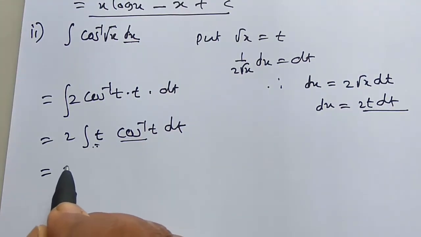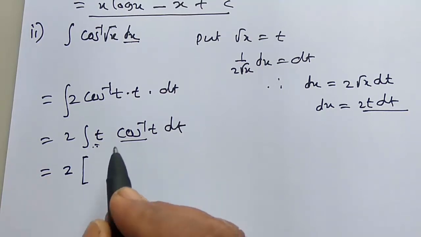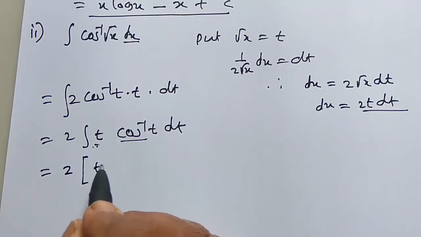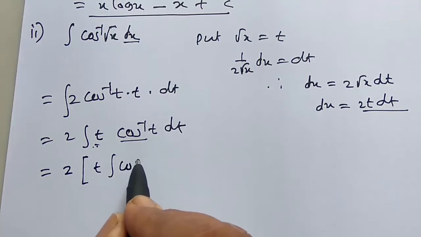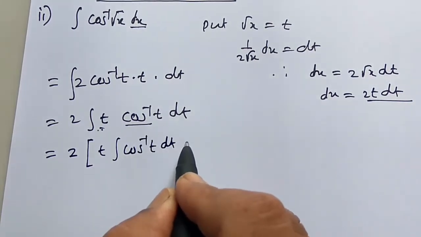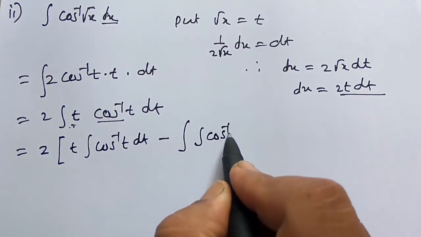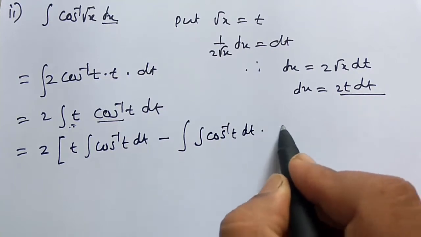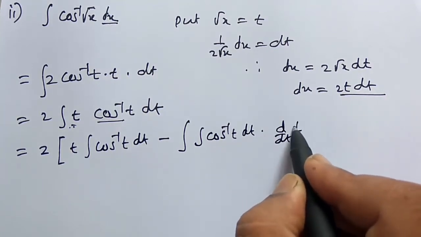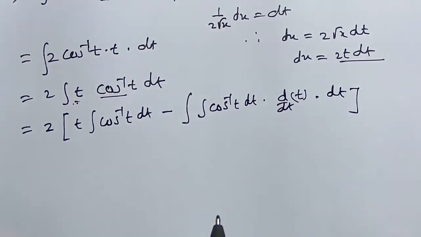So this is equal to 2 into, bracket, t as the first function, integration of cos inverse t dt, minus integration of cos inverse of t dt into the derivative of t with respect to t dt, bracket complete.